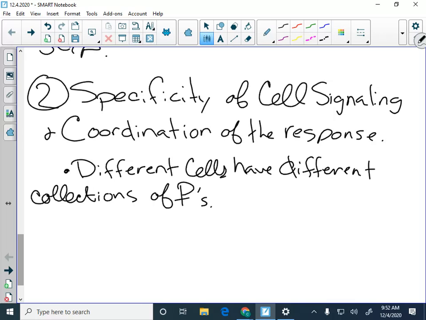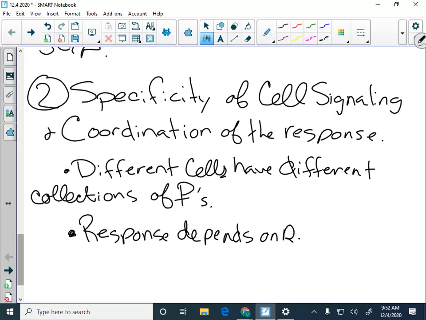Now, so far, what we've learned is that the response depends on the receptors, which is still kind of true. Whether or not a cell can respond to a signal does depend on whether or not they have the equipment to detect the signal in the first place.